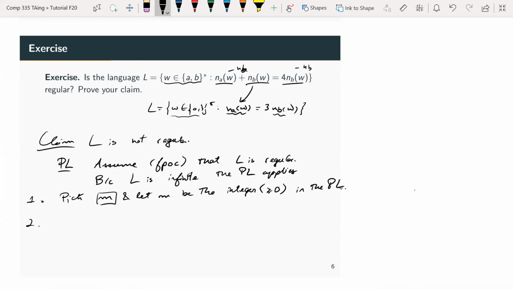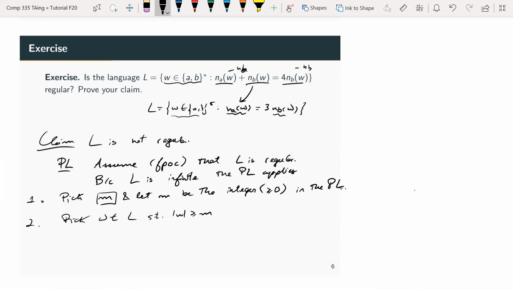The second step is to pick a W in L such that the length of W is at least m. Here, the W should come to you pretty immediately.